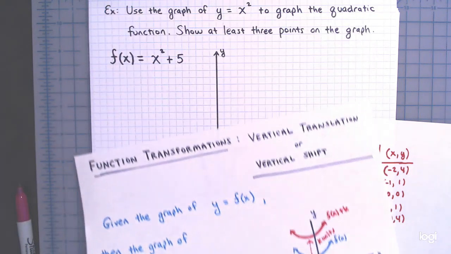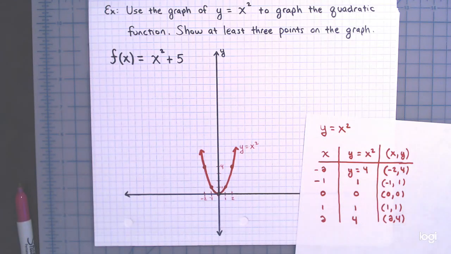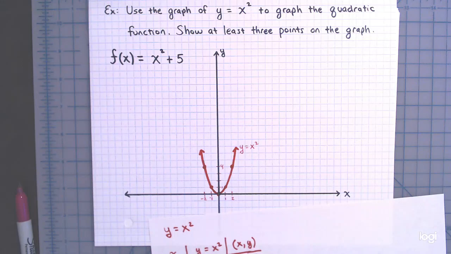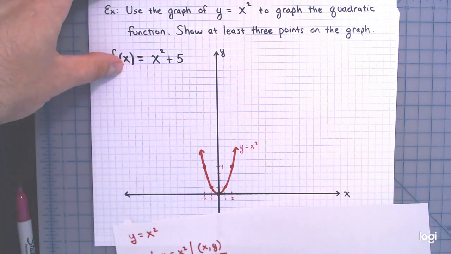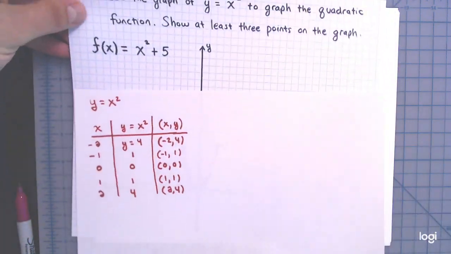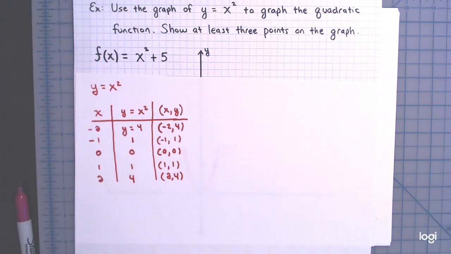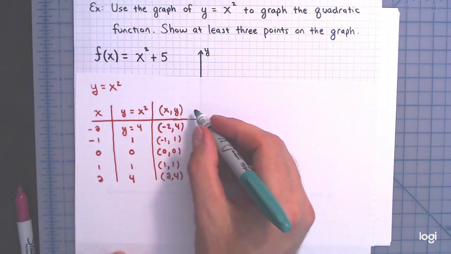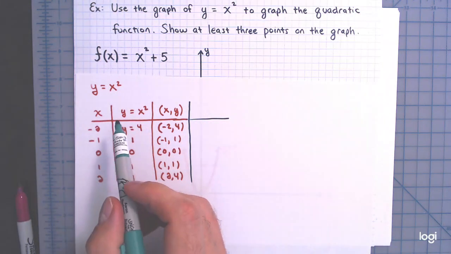And you could also see that in a table. I like making tables when I make graphs, as you probably should anyway. But I have f of x equals x squared plus 5. I'm going to do this in a different color, like a green here. I'm just going to add to this chart.